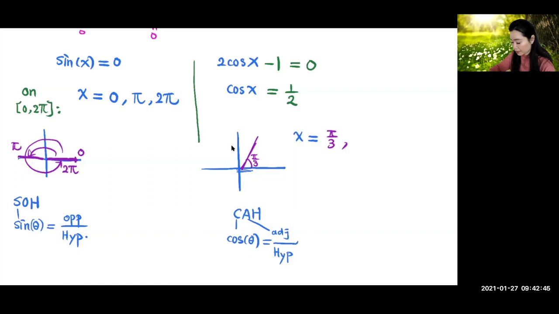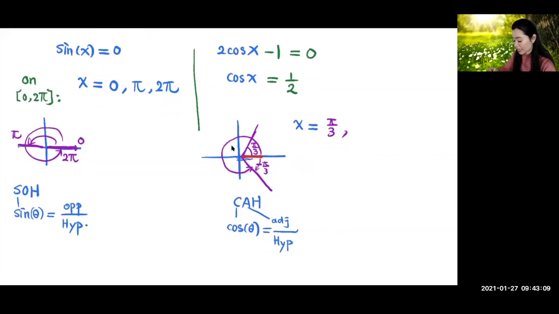Can you find another angle? Well, because it depends on this adjacent side over here, right? I think the other angle will be this one over here, with this reference angle here also being pi over 3. So that's another angle. Now, in radian, what will be this angle?